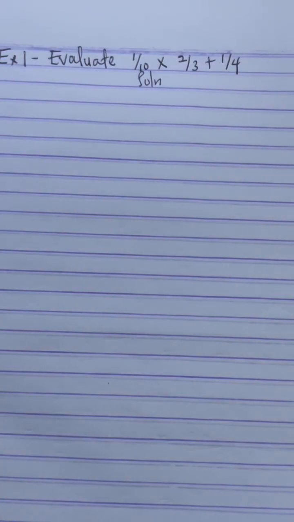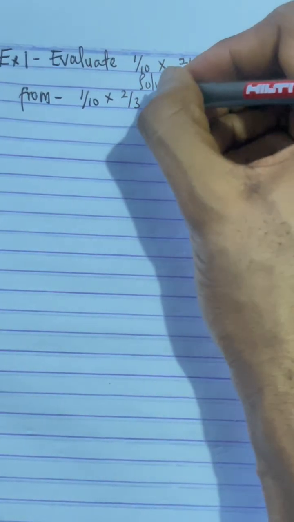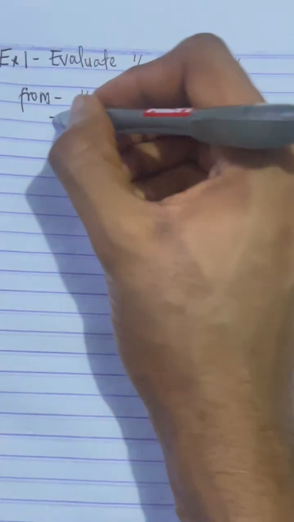In terms of BODMAS, which should we treat first? We have multiplication, we have addition. Multiplication comes before addition, M before A. So we treat multiplication first.